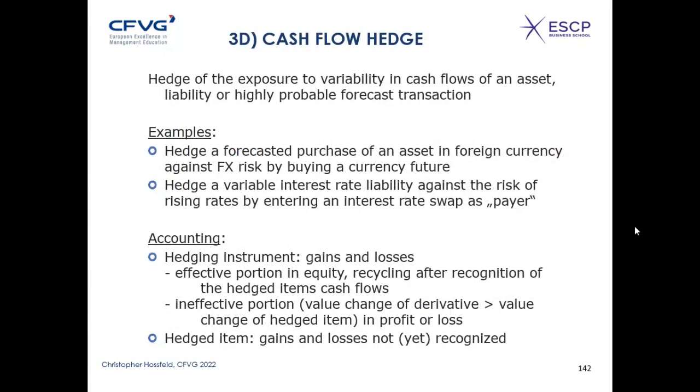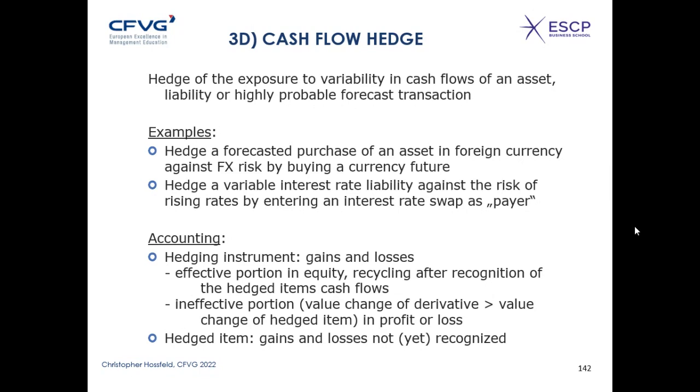Then we have a look at the second possible hedge here, a cash flow hedge. And remember, hedges of net investments in foreign operations are accounted for in the same way. So here, in a cash flow hedge, as the name indicates, my main concern is not to protect my income statement, but to protect my cash flows.